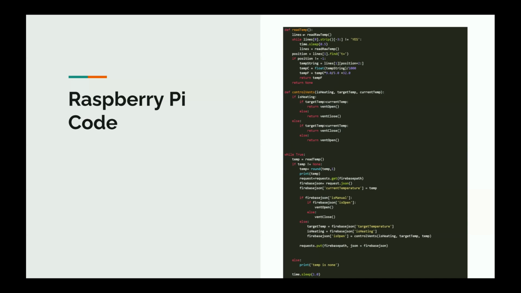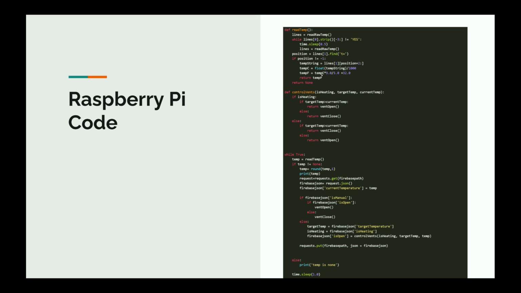For the first part, the read temp function, I'm going to be calling an external read raw temp function that I defined outside of this function. And I'm going to be checking for the keyword yes on a certain index of a directory, where after I strip it from the -3 index to the end, if I detect the word yes, then that means I found the temperature, and I'm going to want to next find in the next index the string t equals, because right after that will be the actual temperature value.